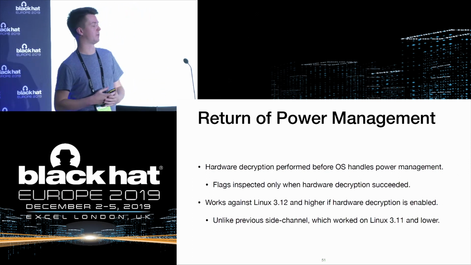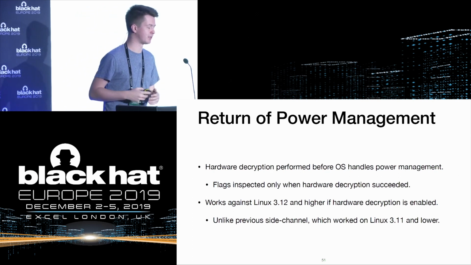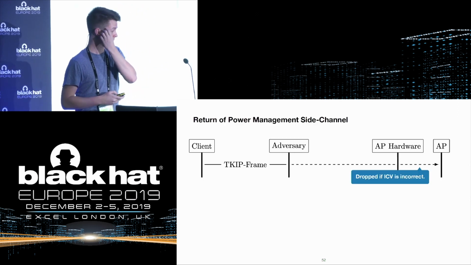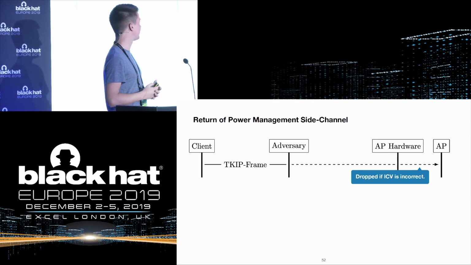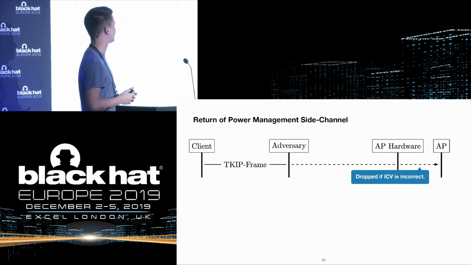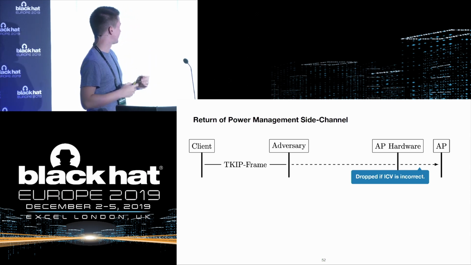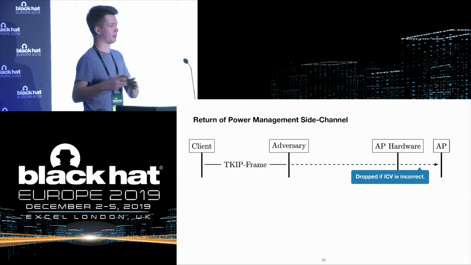And this works on all more recent Linux versions, which means we have a side channel that works on each of the kernel versions. The difference here now is we've split the access point into its hardware and software features. If the ICV is incorrect, the hardware will drop the frame.